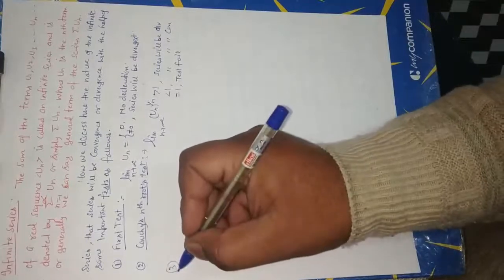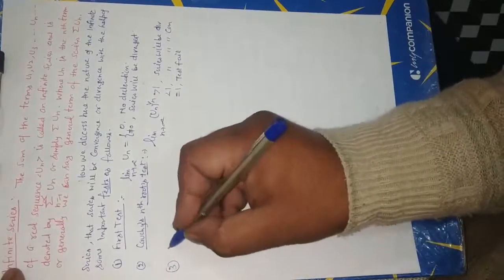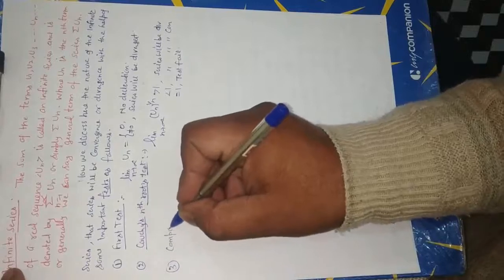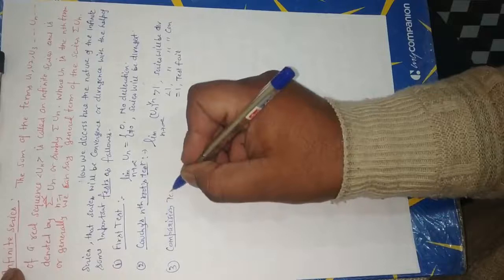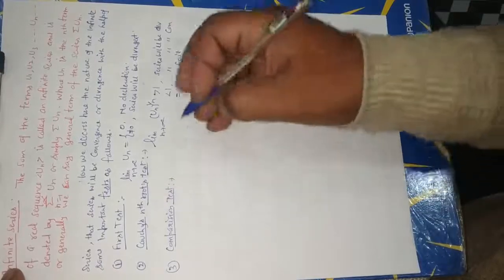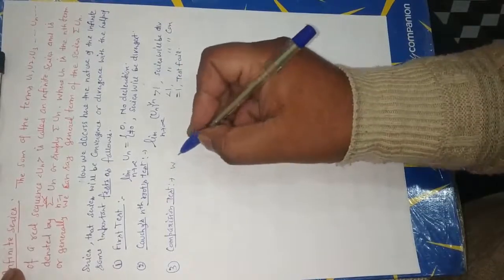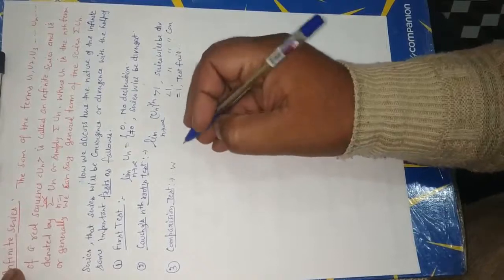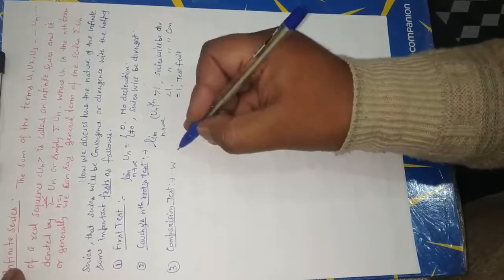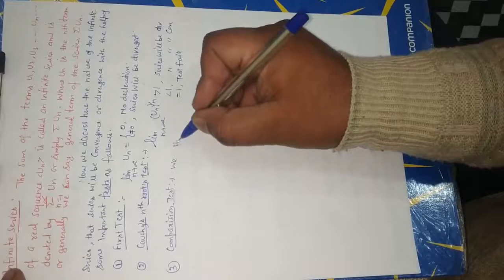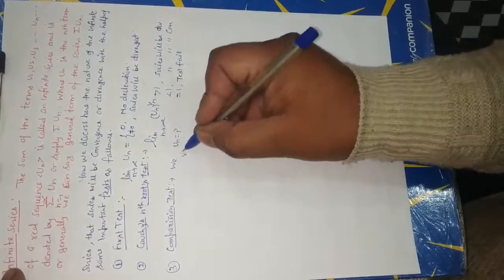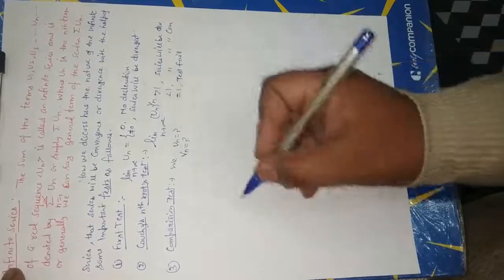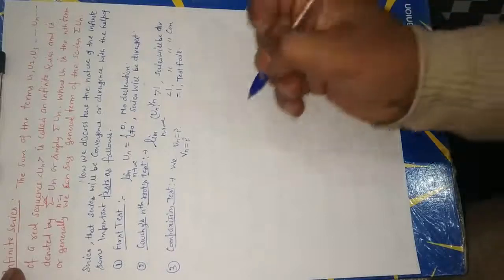Now the third test name is comparison test. In this test, first we calculate un. From this un, we calculate vn. Un is the nth term of the series and vn is the auxiliary nth term of the series.